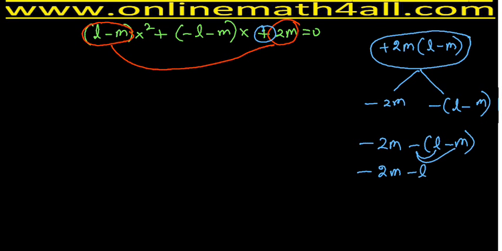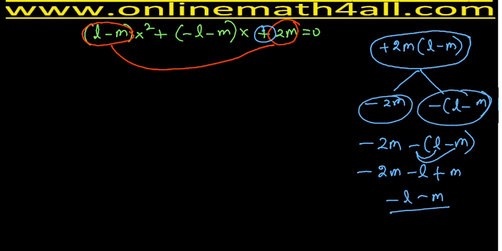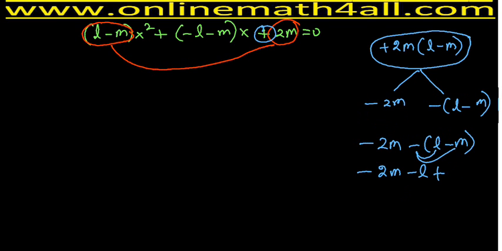When I do so, negative L, and negative times negative will become positive, so it will be positive m. So negative L, this negative 2m, this positive m. If they are simplified, we get negative m. So when we add these two factors, we get the result negative (L − m), which is exactly what we have in the middle term, the coefficient of x. So the two factors we have taken now are correct.